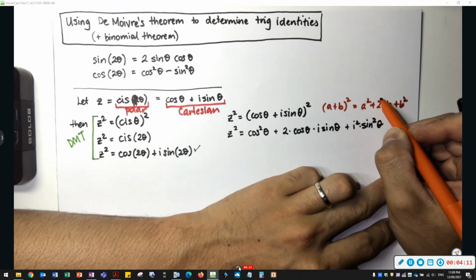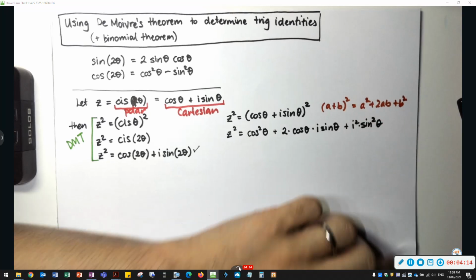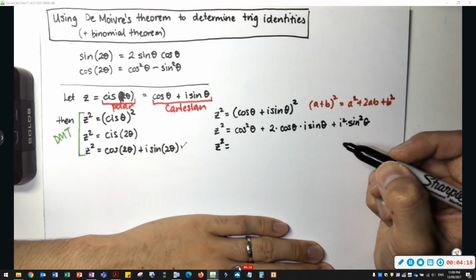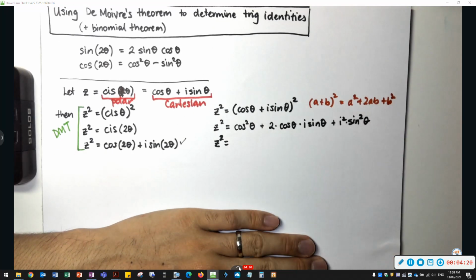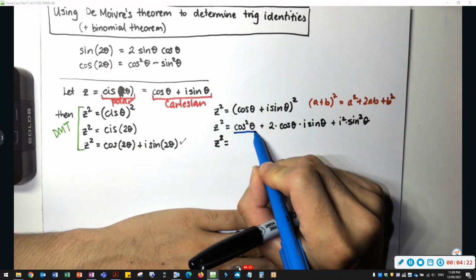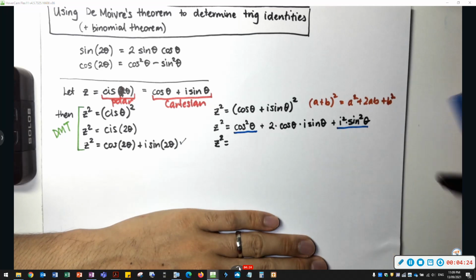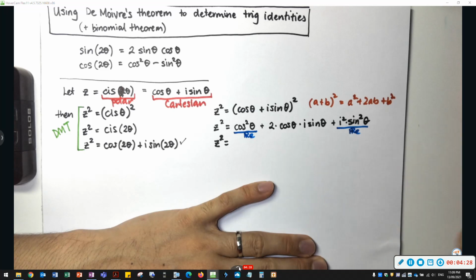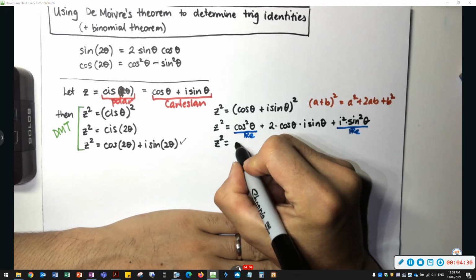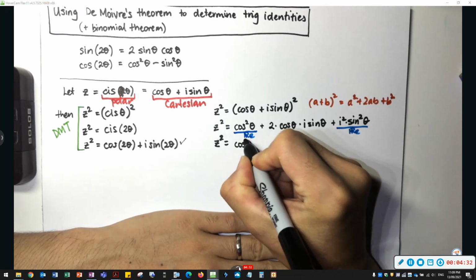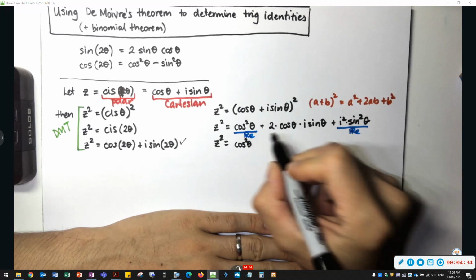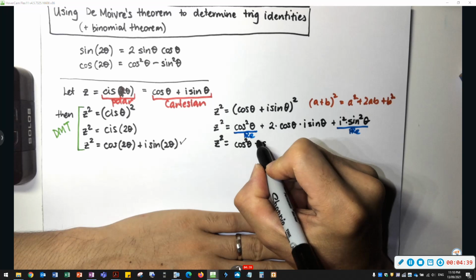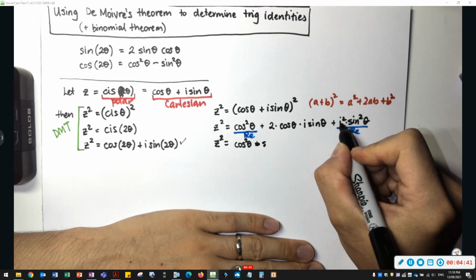Hopefully you remember that. And then I can simplify by writing the real parts together. You should be able to identify this is the real, this is the real. So we've got cos squared theta minus sine squared theta, because i squared equals -1.